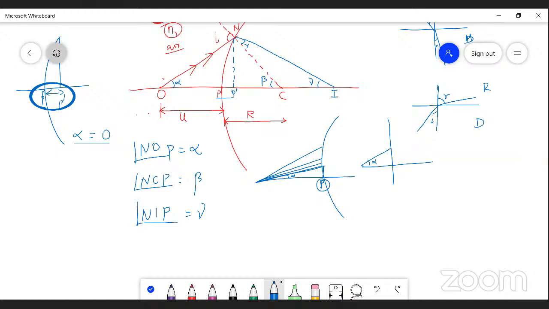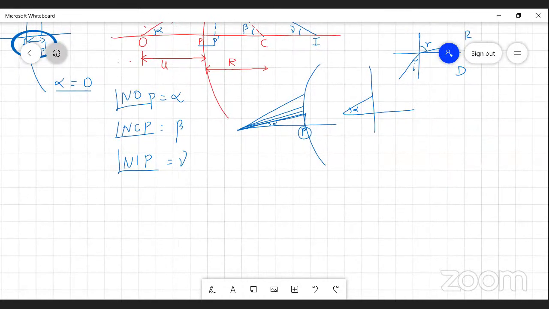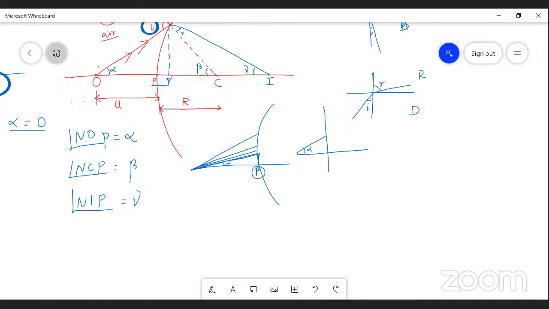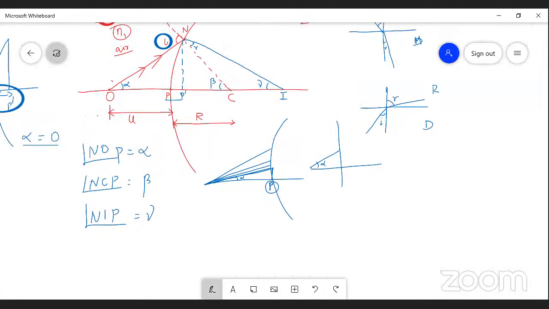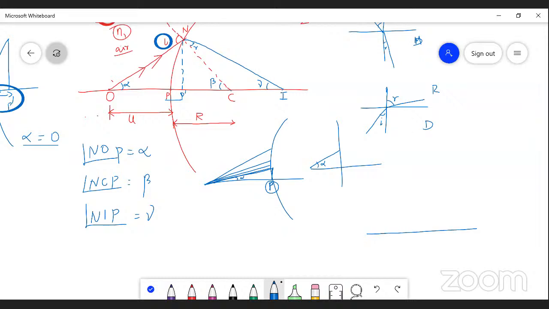And next, I want to calculate this angle of incidence. See this angle of incidence. This is the principal axis.